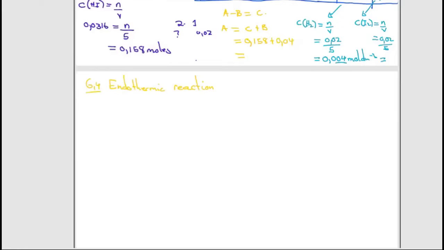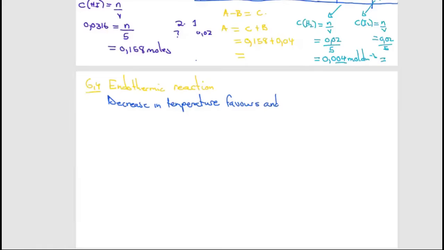So in terms of the endothermic reaction, a decrease in temperature favors an exothermic reaction.